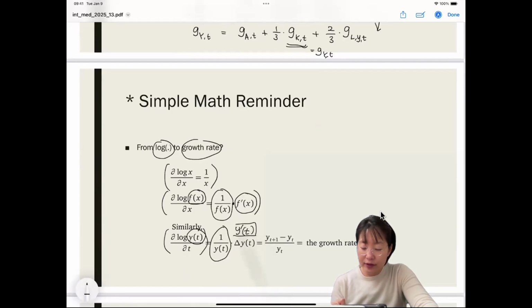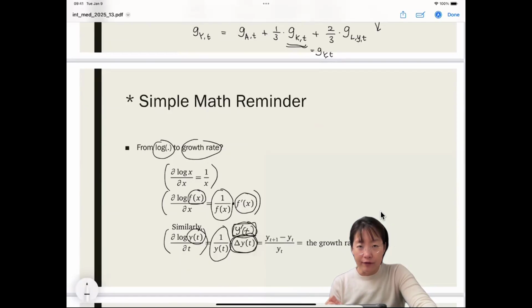And this means that if there is a change of time, then the output will change as well. So the infinitesimal change of output would be the meaning of first order derivation. So we put delta y_t, or changes of output, instead of y prime of t.